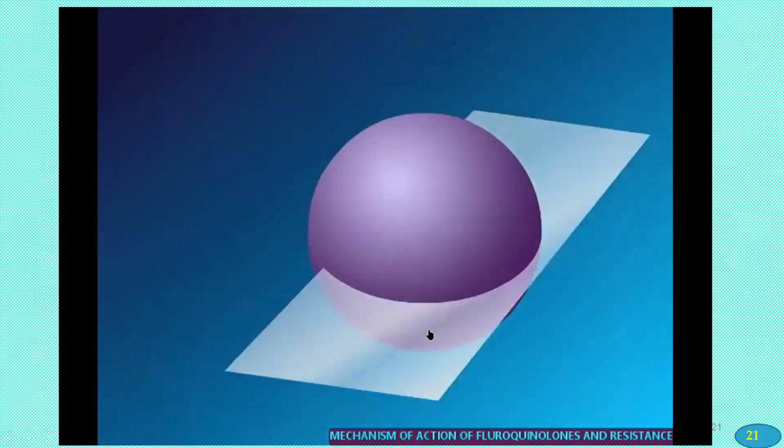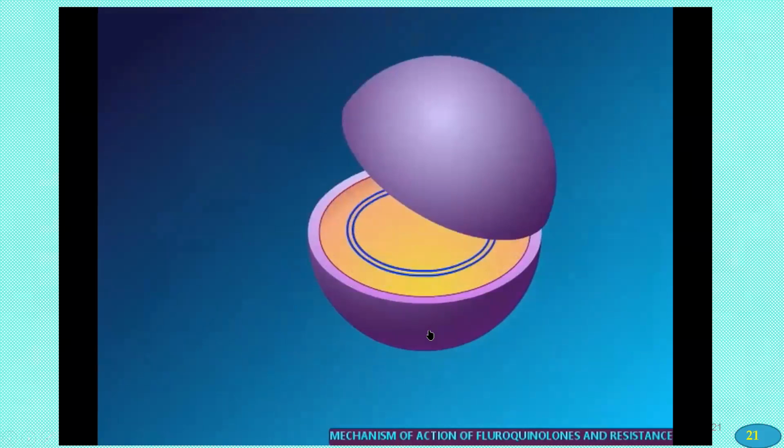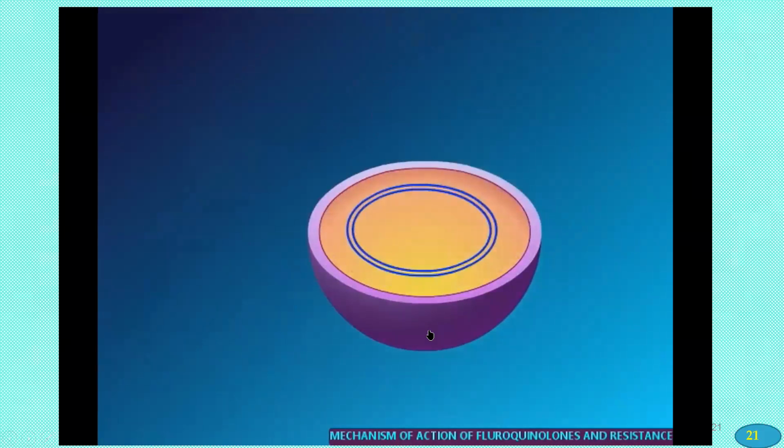Here you can see the bacterial cell, if we cut it open: inside there are the cell membrane, the cell wall, etc. And this is the bacterial circular DNA. Inside the bacteria a circular DNA is present, and this is important for the function of the bacteria. That's very, very important here.